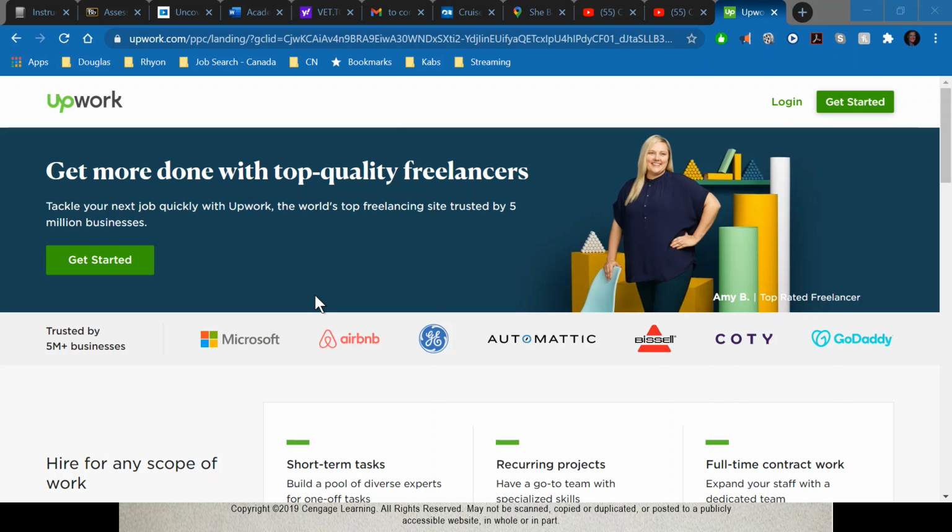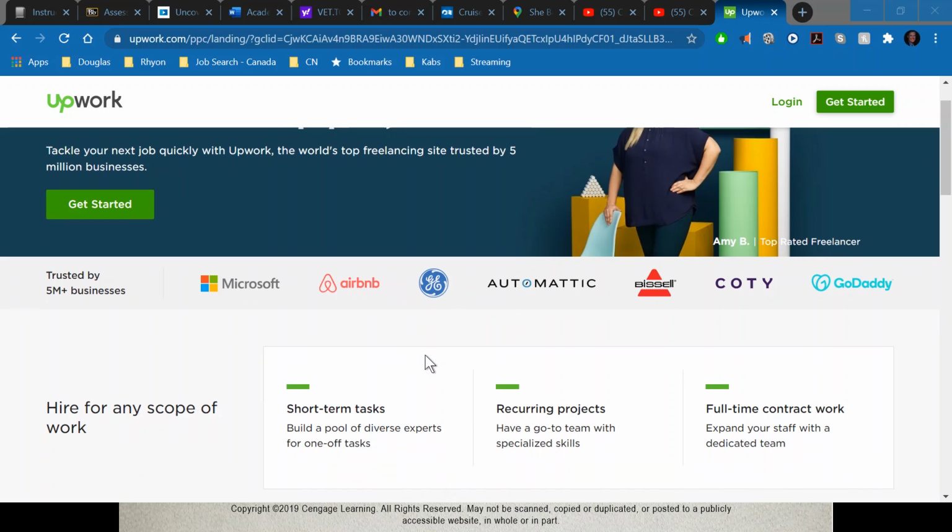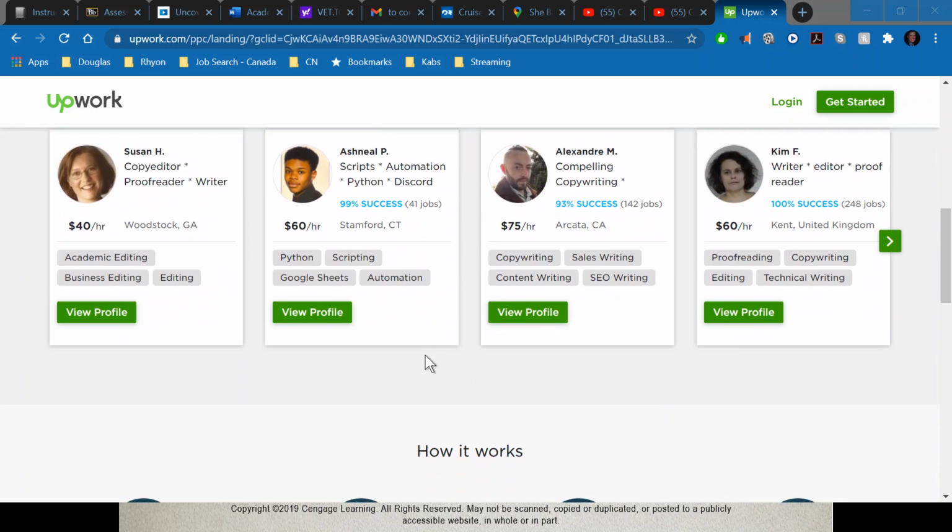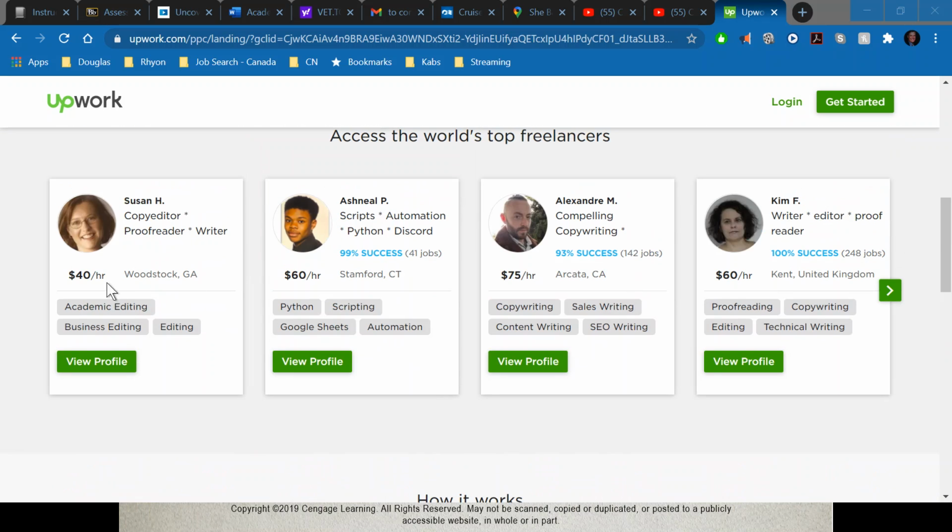You can put that job onto this website, and people from around the world that have that expertise can bid on the job and propose what they would do for you. There are a lot of companies that use this. These are all global companies: Microsoft, Airbnb, General Electric, and so on across the board. These are testimonials and also how much they charge.